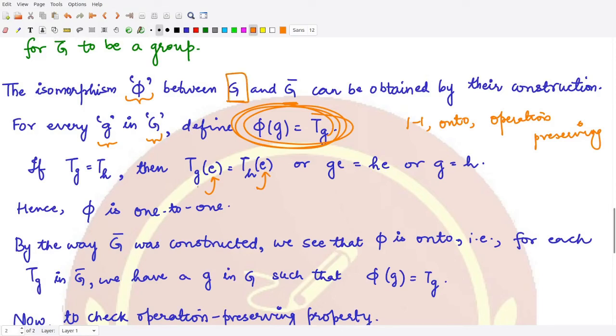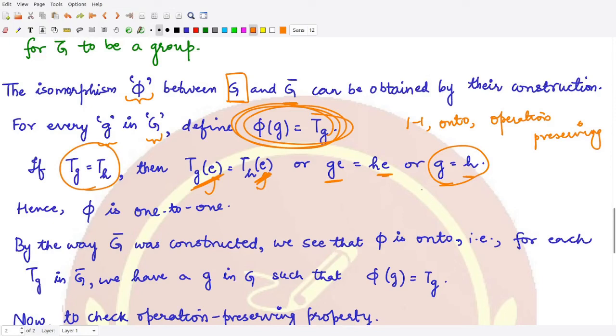So solving this we have GE, solving this we have HE according to definition, and GE is G only, HE is H only. So therefore we started with TG equal to TH and obtained G equal to H. So therefore we have the 1-1 property.